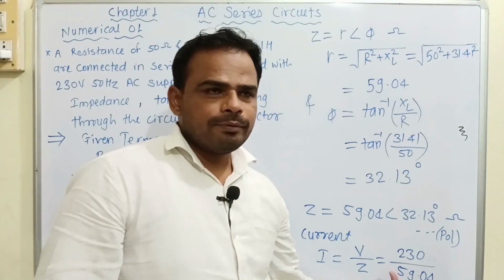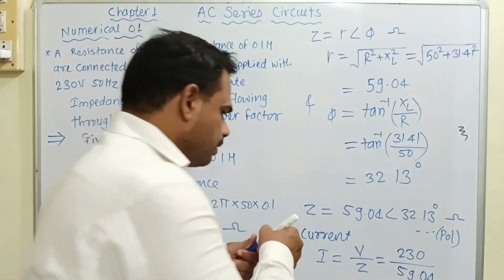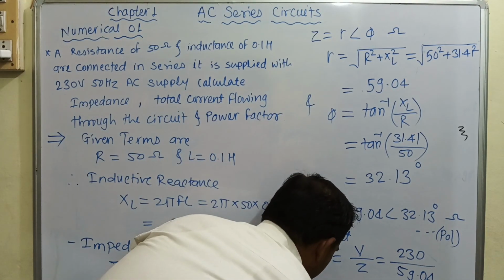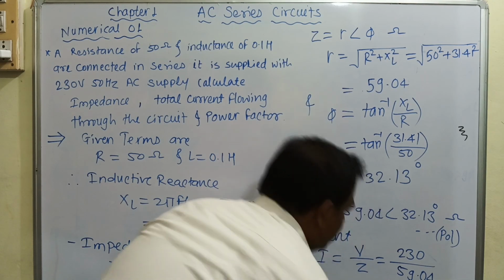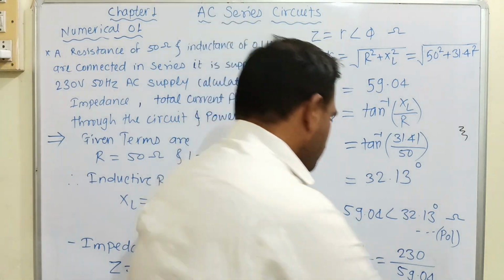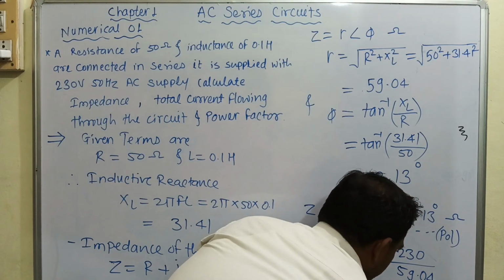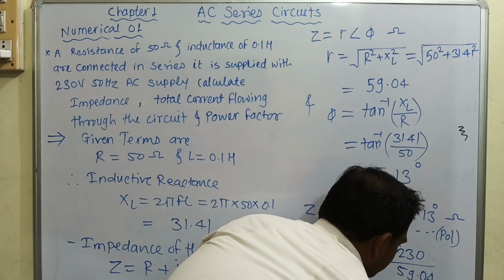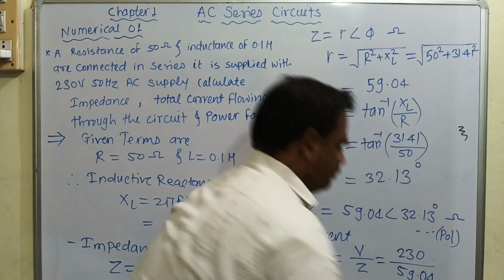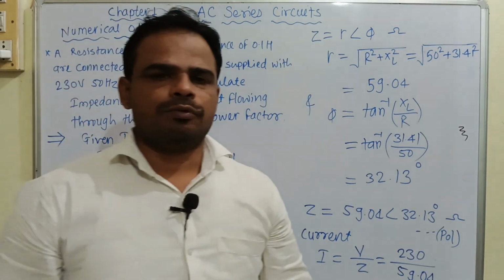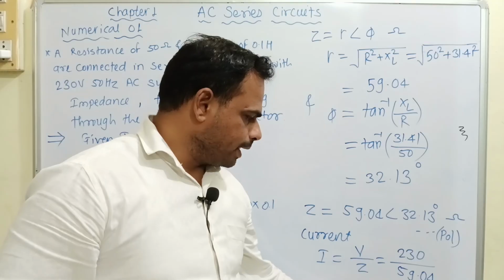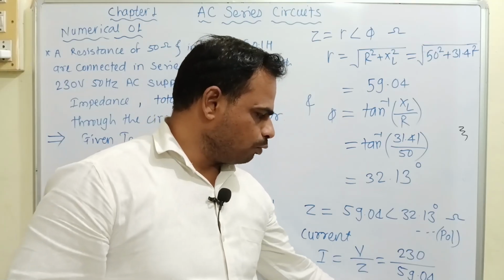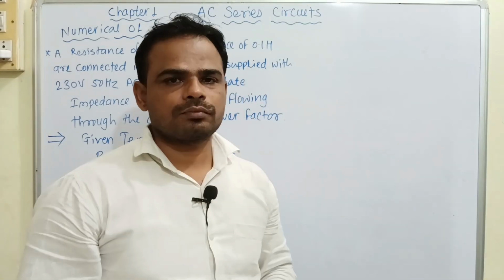By solving this we get the answer. Current I is equal to 3.89 angle minus 32.13 degree ampere.